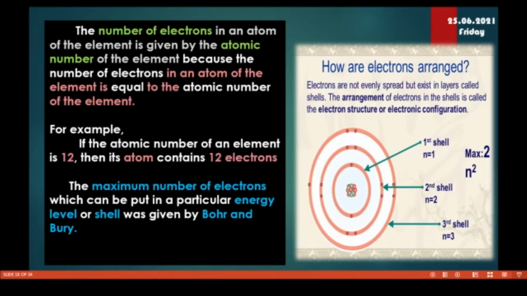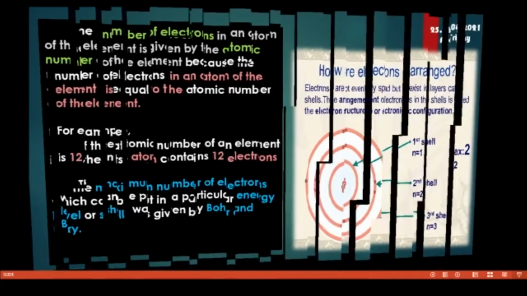So the maximum number of electrons which can be put in a particular energy level or shell was given by Bohr and Bury.